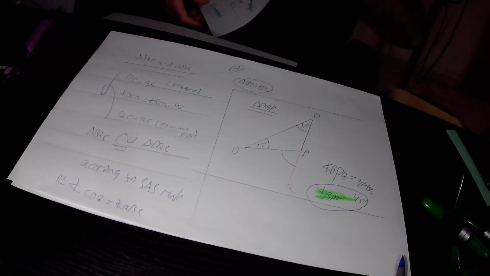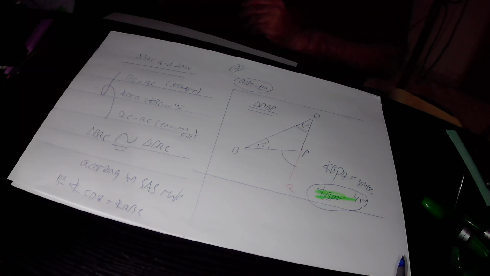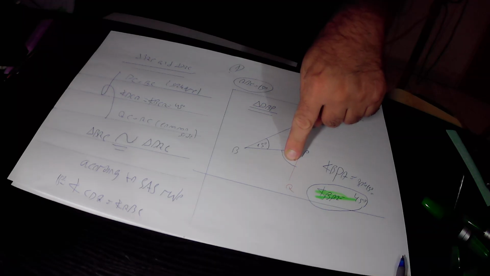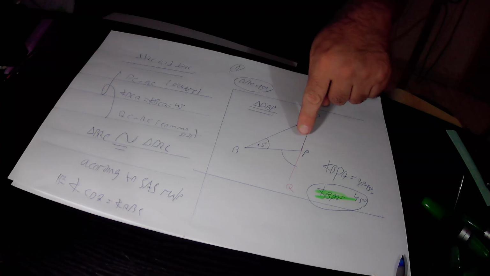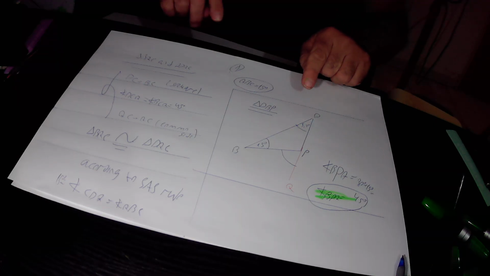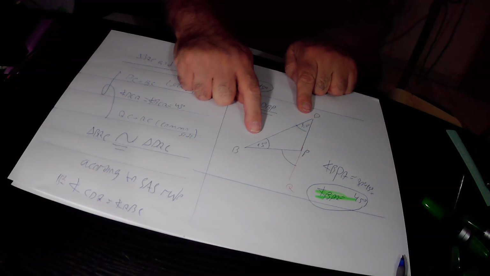We can apply Rule 8 in our drawing. According to Rule 8, the size of this external angle BPQ is equal to the sum of the two interior angles that are not adjacent to it. This is angle DBP, which is definitely adjacent to angle BPQ. Those are the two angles that are not adjacent to angle BPQ.